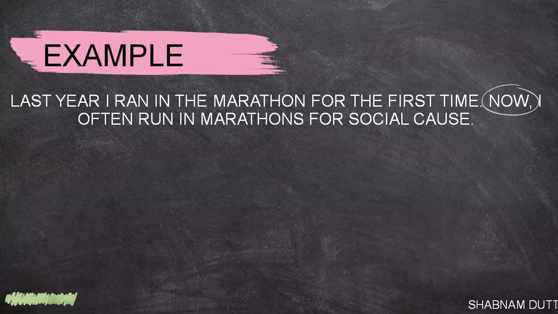So, it allows the writer to express two ideas that take place in different time frames. Here, the writer expresses a past event, ran in the marathon for the first time, and a current or regular event that happens in the present, like often run in marathons. Clear?